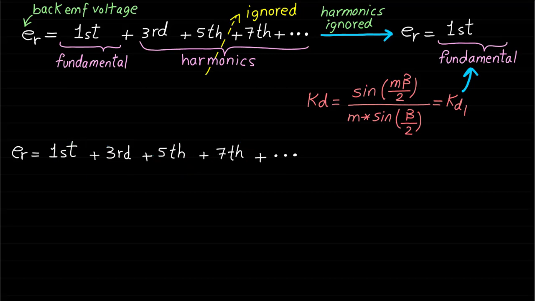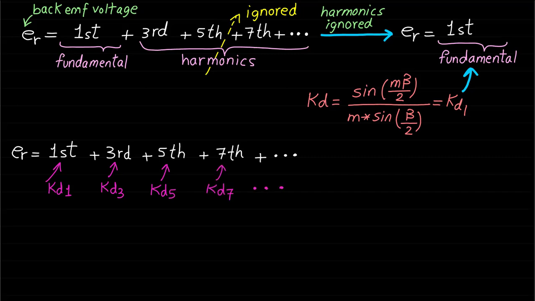In other words, the fundamental component has distribution factor Kd1, the third order harmonic component has distribution factor Kd3, the fifth order harmonic has distribution factor Kd5, and so on.